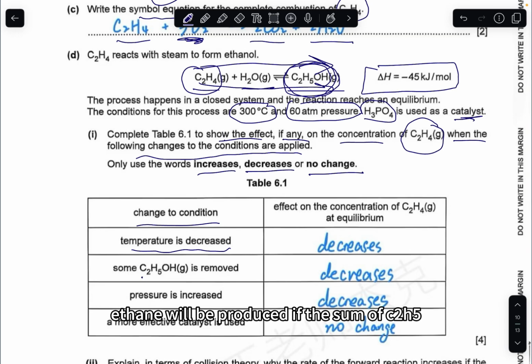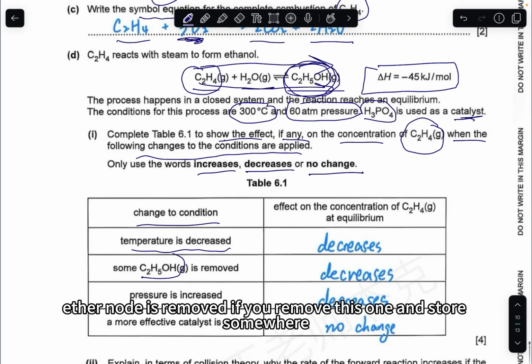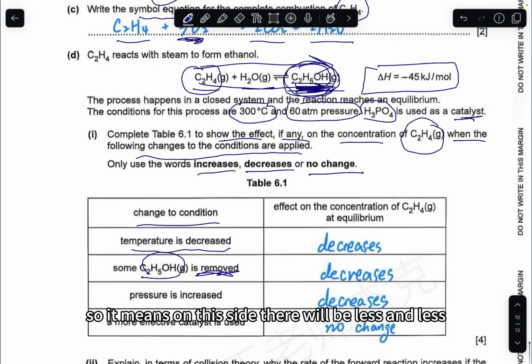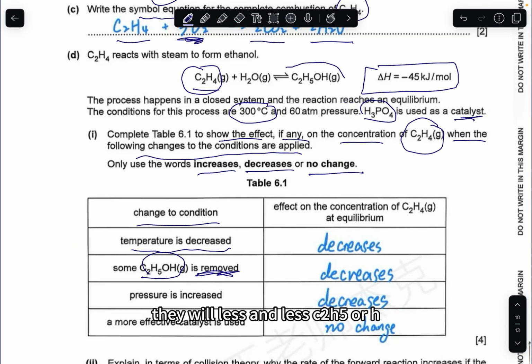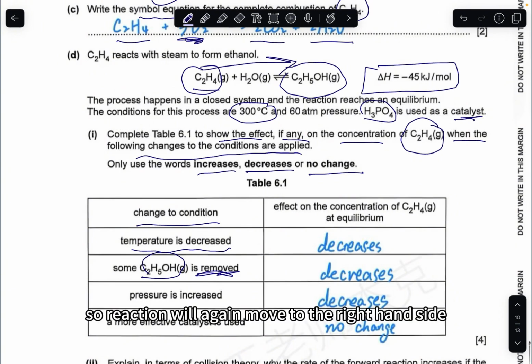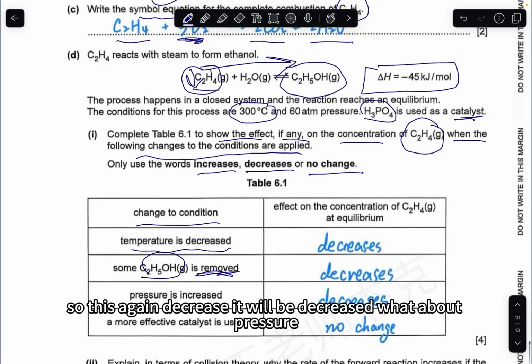If the C2H5OH ethanol is removed and stored somewhere, it means there will be less and less C2H5OH on this side. So the reaction will again move to the right hand side, so C2H4 will again decrease.